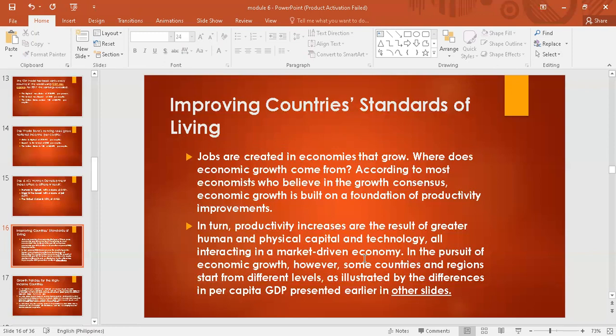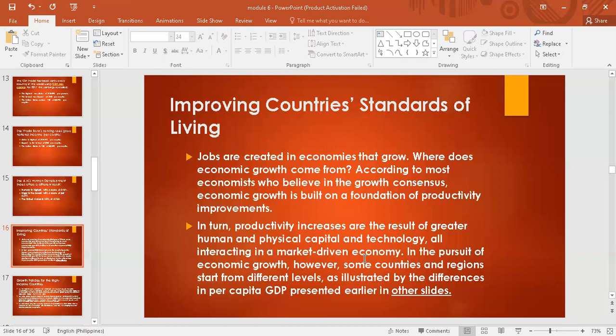Pag sinabi nating market-driven economy po, yung ekonomiya natin, ang naglalaro doon ay transactions, may buying and selling activities, may naproproduce na output at may pinambibili.